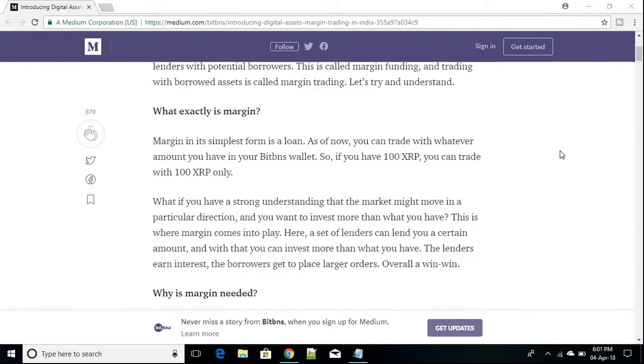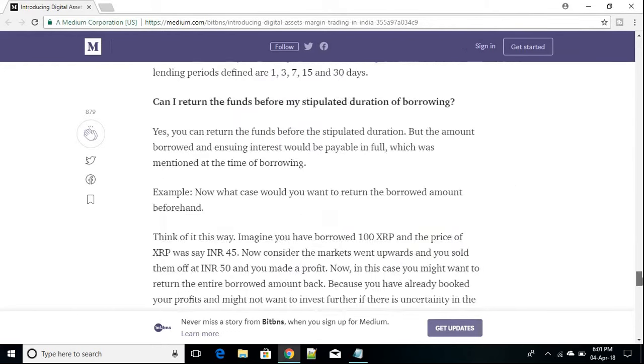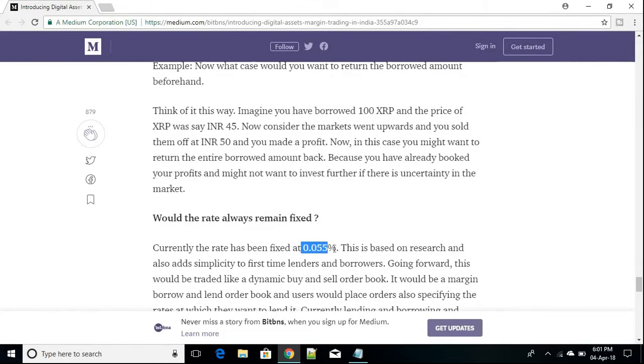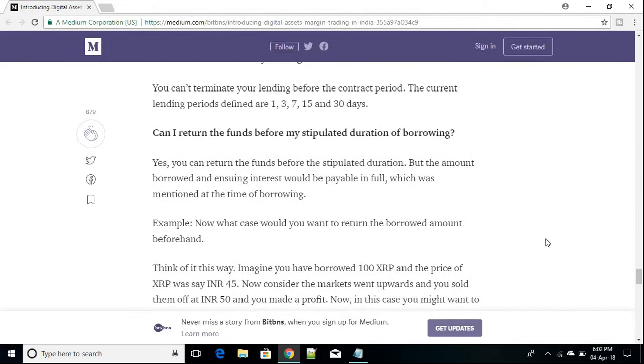The interest rate is 0.055 for a time period of 1, 3, 7, 15 or 30 days.